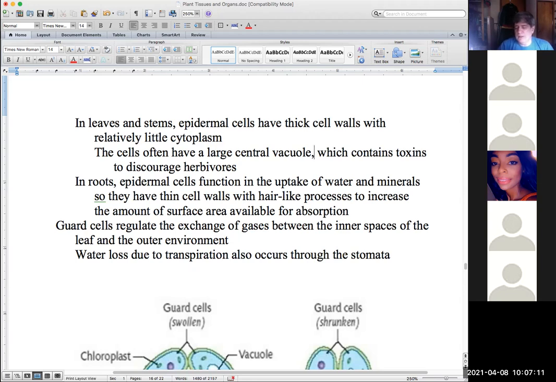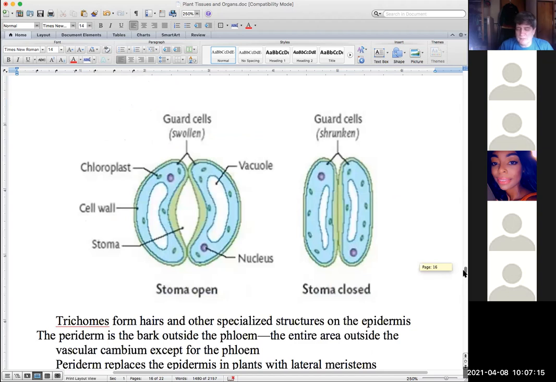Now, if we look at our guard cells and we see how they work, what we see is that if we look at a pair of guard cells with the stoma in between them, and the green represents the cell wall, the cell wall in the middle, where the two guard cells meet, is thicker than the cell wall on the outside.